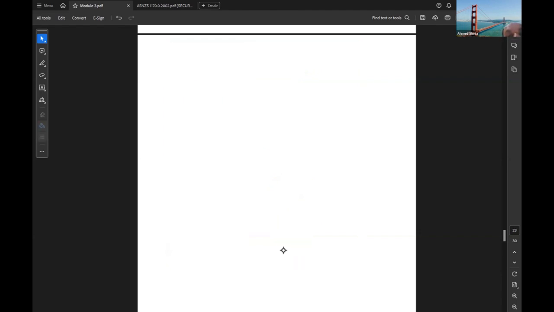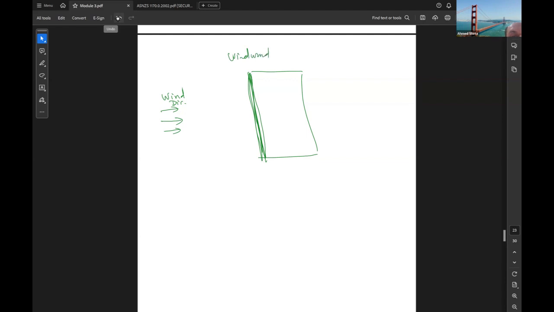Okay, so if we have this building, so we have the wind in this direction. So this wall is the windward wall, and this wall is the leeward wall. So in 3D, this is our building.